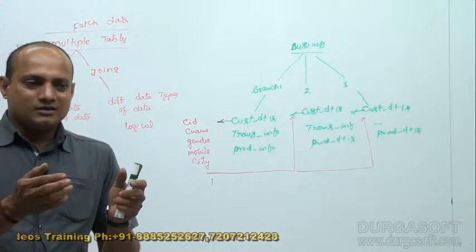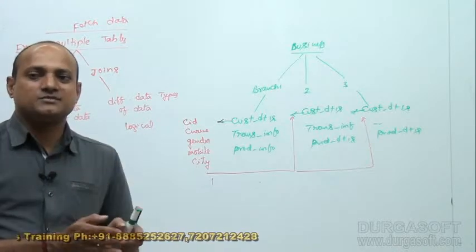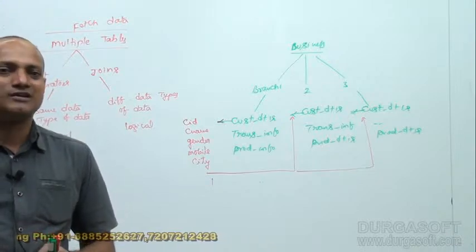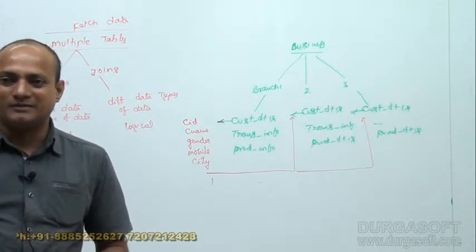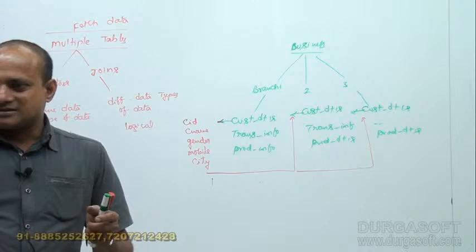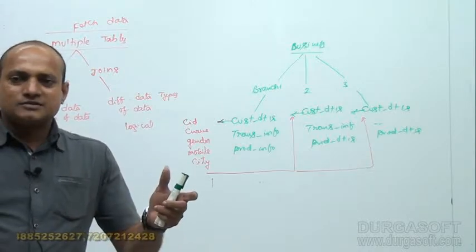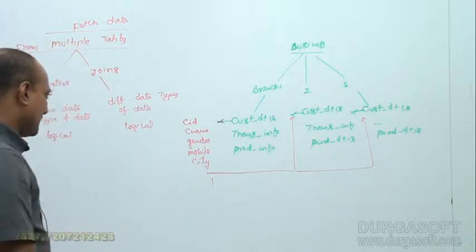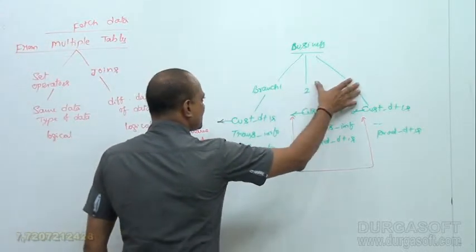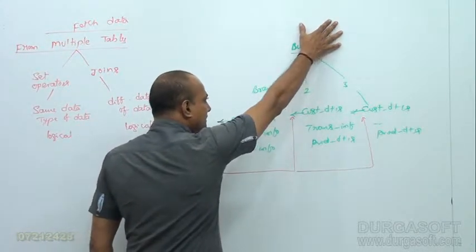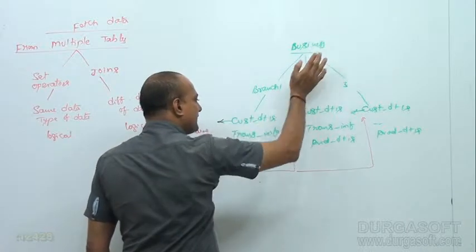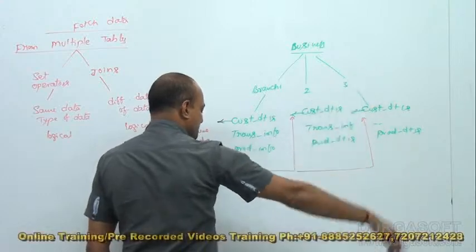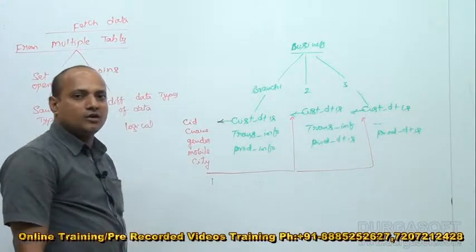Whatever columns are in the branch 1 customer details table, branch 2 also maintains the same type and number of columns. Why? Because these tables are related to the same business. That's why these three branches relate to one business, so the business maintains customers information the same way in all branches.